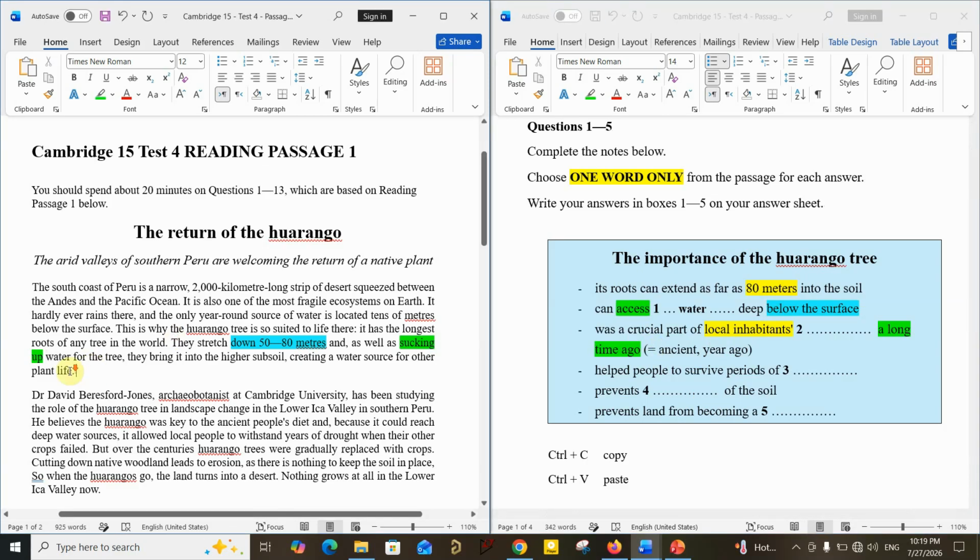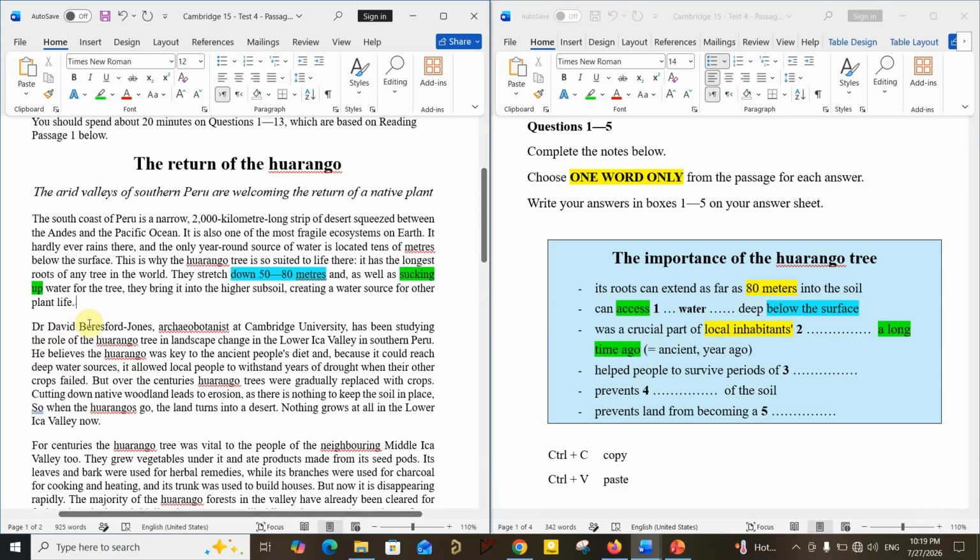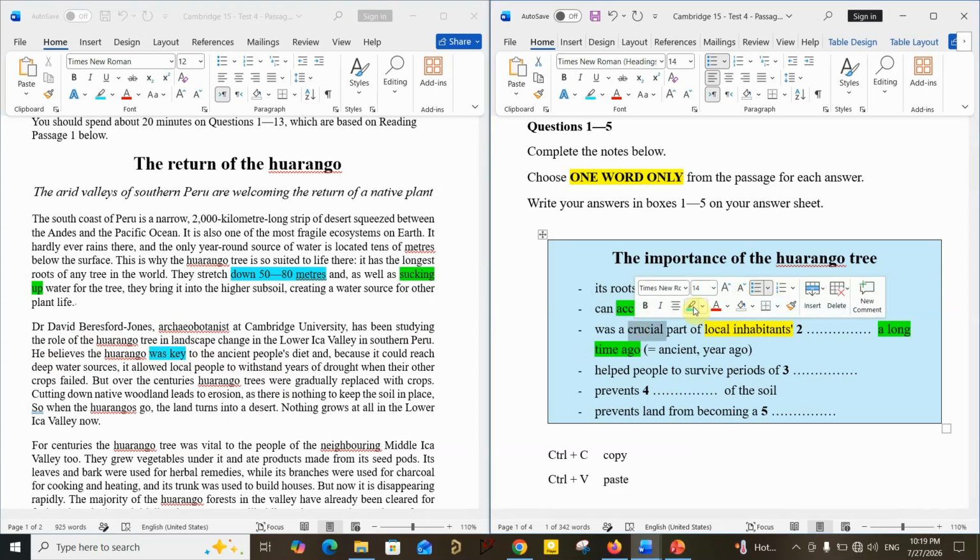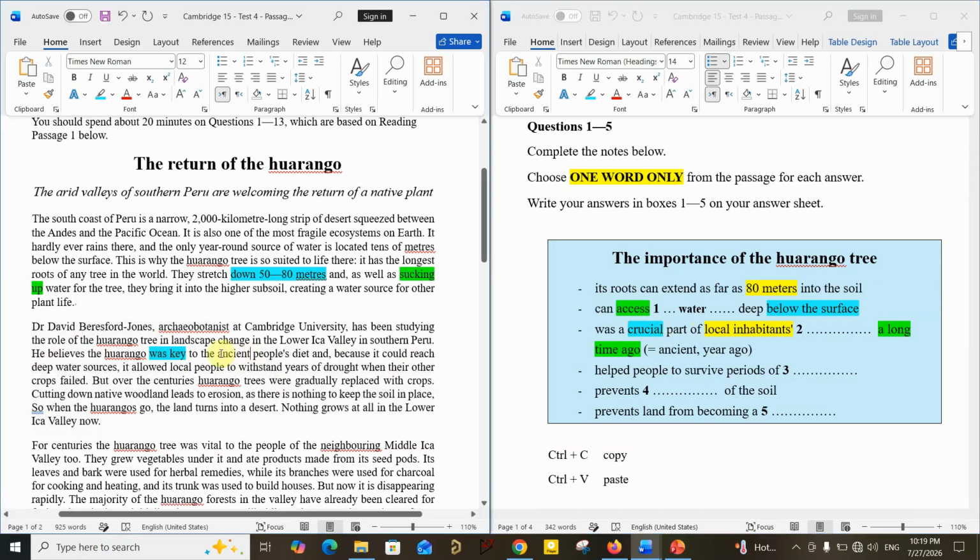So for question number 2, Dr. David, maybe an archaeologist at Cambridge University, has been studying the role of the Harango tree in landscape change in the blah blah blah. He believes the Harango was key. Key means crucial to the ancient peoples.